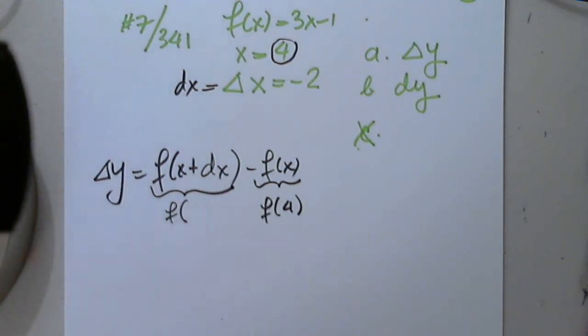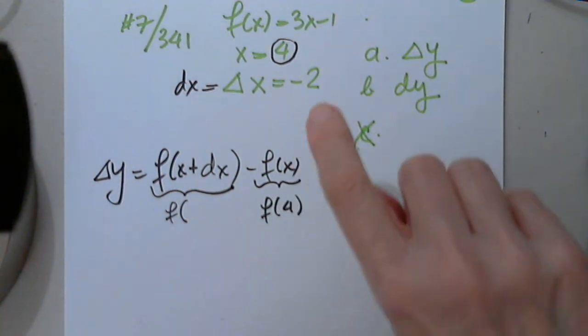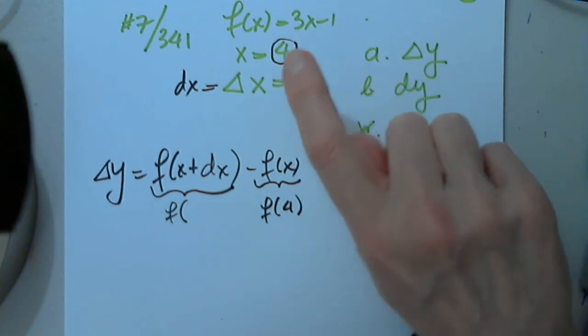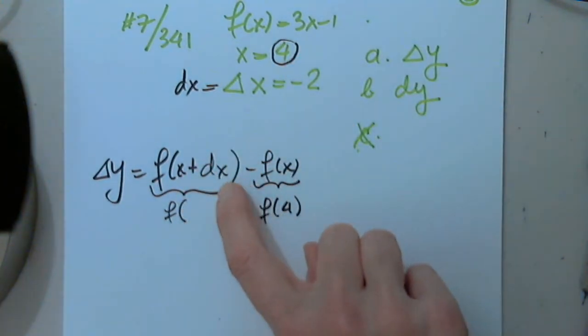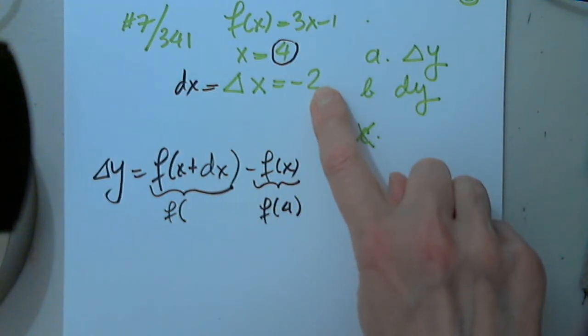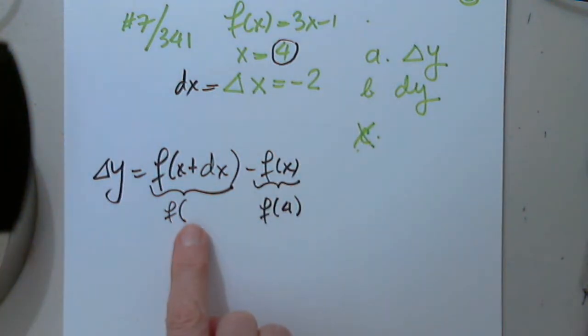Anyone would like to try? F of what? What am I trying to determine here? F of x, 3x minus 1. x is 4. Dx is negative 2. So then I'm determining f of 2.